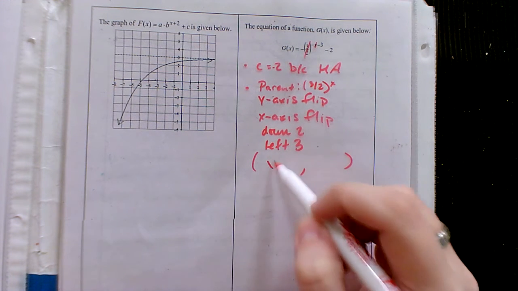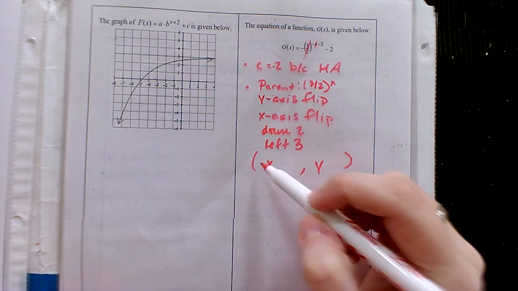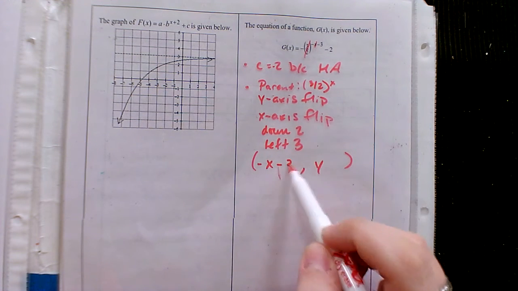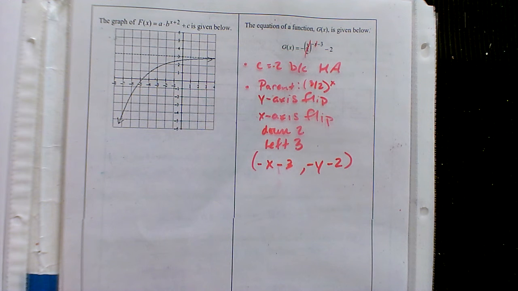How the x and y variables are being affected? Yeah? Negative x minus 3. Yep, it's okay. Sounds good. Are we doing okay so far? Not too quick?